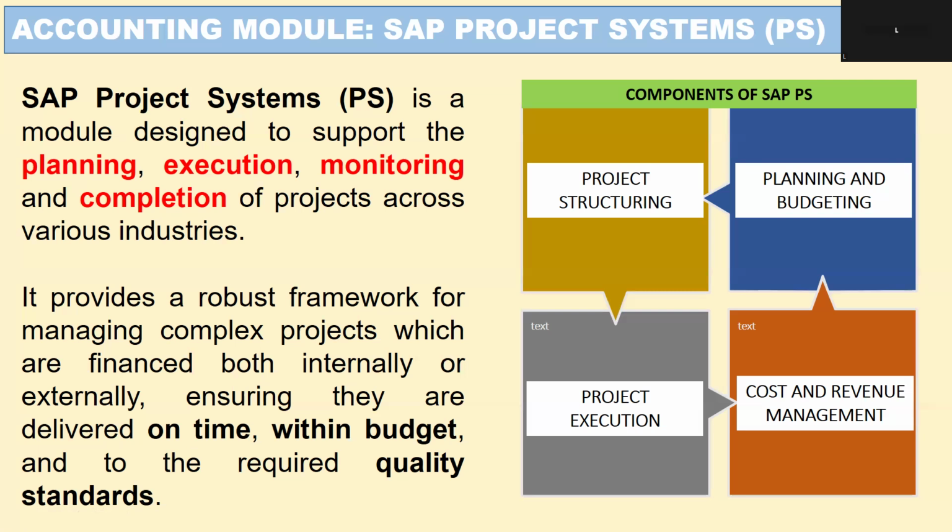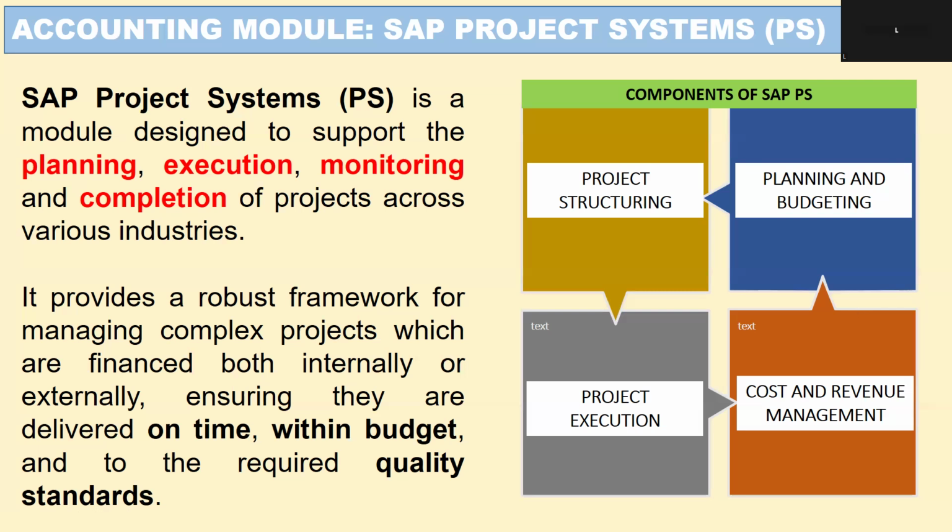So you would be able to use that WBS element to do a proper analysis, to see whether this particular project is being profitable. So project systems is where you create that WBS element to assign to either the profit center or the cost center, as the case may be, for this analysis. It provides a robust framework for managing complex projects.